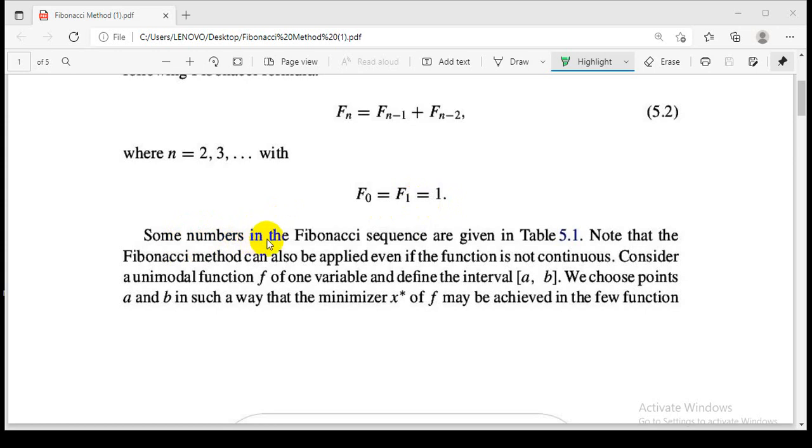Some numbers in the Fibonacci sequence are given in table 5.1. Note that the Fibonacci method can also be applied even if the function is not continuous.